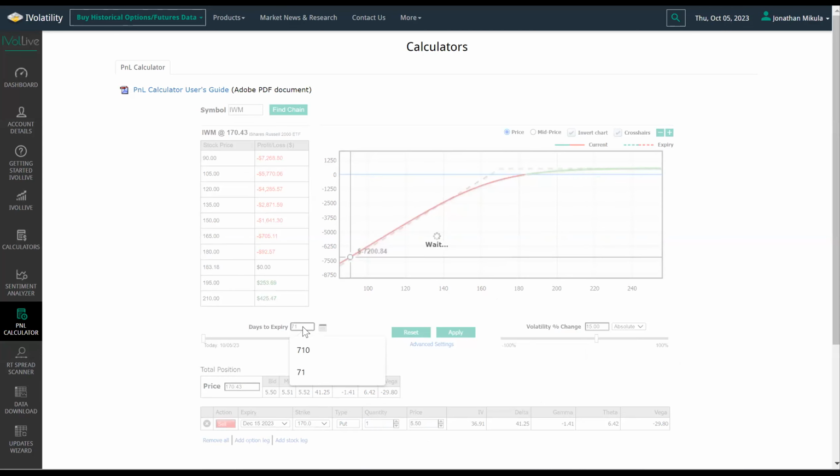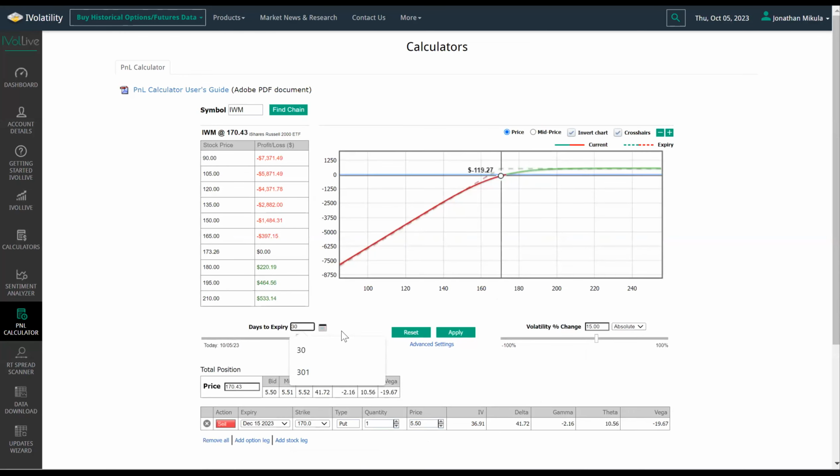You could say, well, what happens when we're only 30 days out from expiration? What happens then, right? Because this time decay is really going to speed up. Our theta is now at 10.56. So since we sold it, we'd be earning this as long as, again, IWM stays above 170, right? If it goes below, then that's going to work against us.